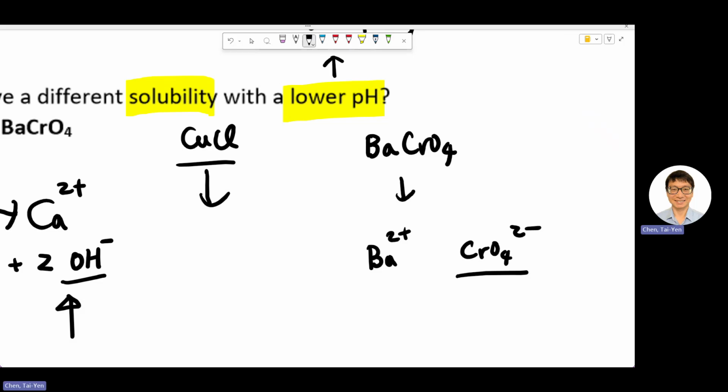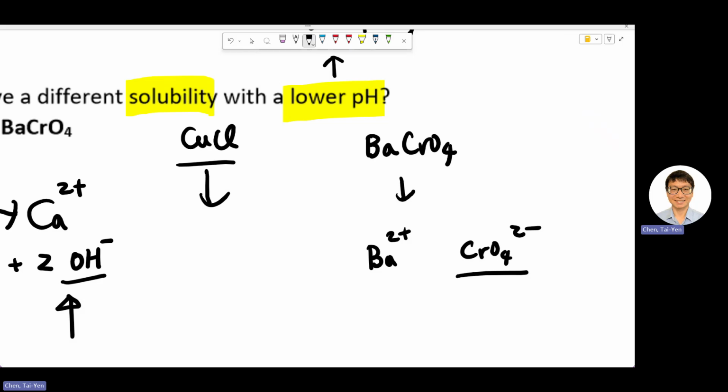Okay. So if you add in H plus to that weak base, it's going to kill that weak base, right? Acid and base, they're going to kill each other regardless of whether they are strong or weak. Since you are going to kill that, the salt needs to further dissociate to produce that to maintain the constant.